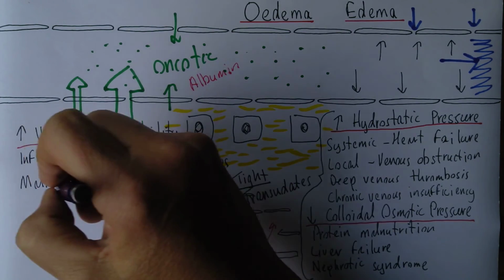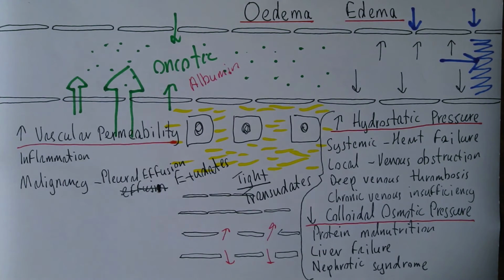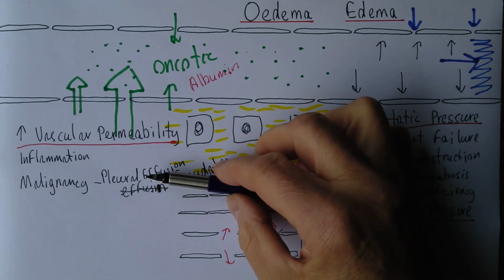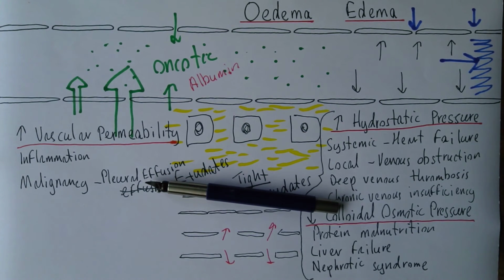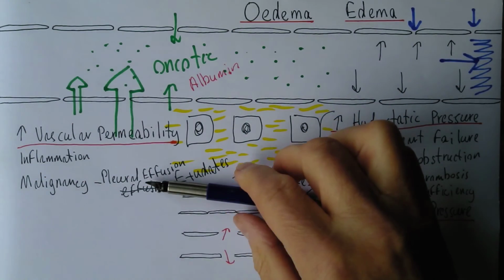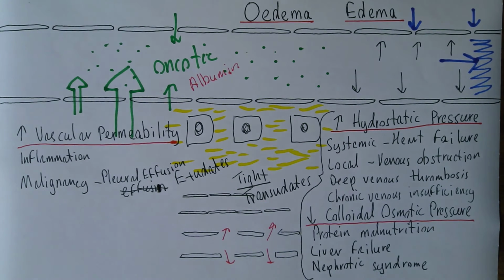It's a common problem in lung malignancy. It affects about 40% of cases. It's a sign of very advanced incurable disease, unfortunately, and we often have to treat it palliatively. But because there's going to be dilation of the capillaries due to the inflammatory malignant processes, pleural effusion can develop.